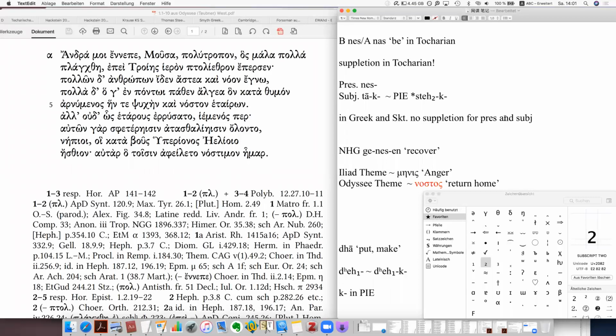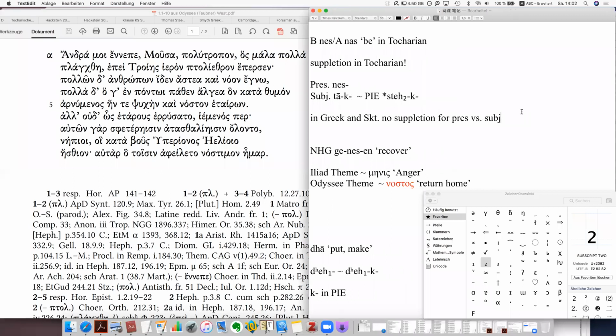I think also in Italic, right? But in Tocharian, present and subjunctive use different stems. There's suppletion, right? This is something really interesting.